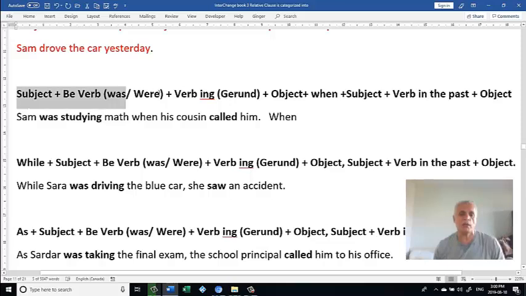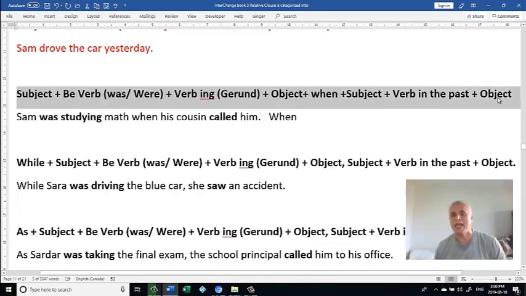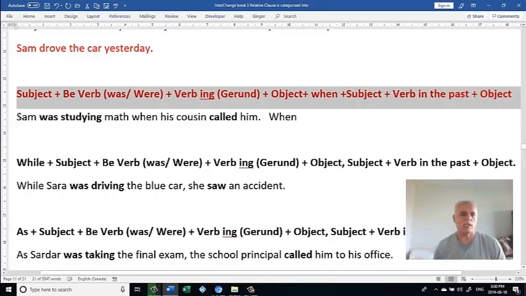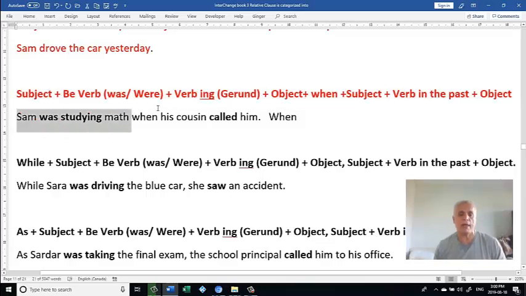Then we have subject, be verb, was, the word, verb with ing, we call gerund. Then we have object. Then we have a connecting adverbial connecting the two clauses. Then we say when. Subject, verb in the past. Then we have the object. Okay? We say this. Sam was studying math.